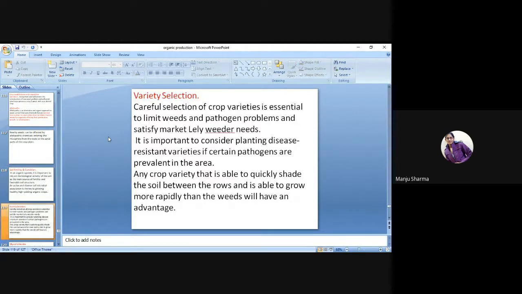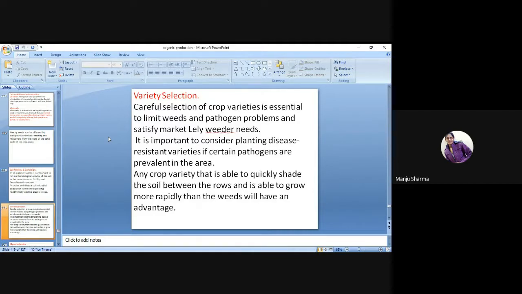So, next is variety selection. A careful selection of crop varieties is essential to limit weed and pathogen problems and satisfy market needs.